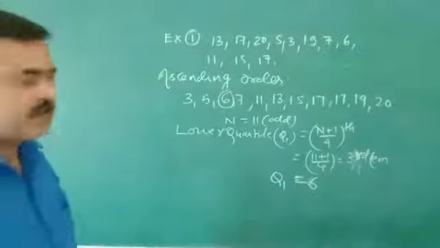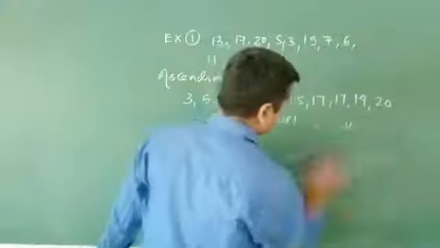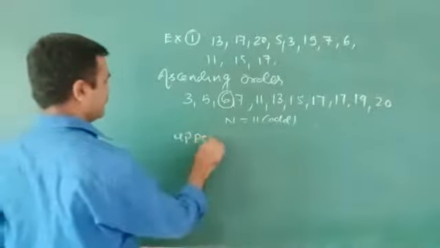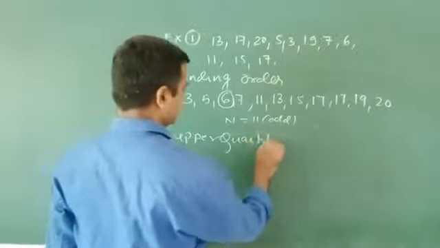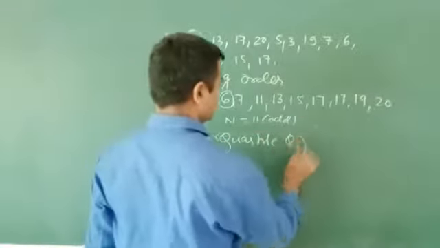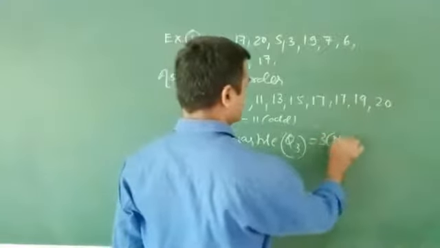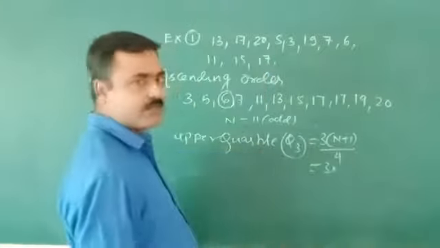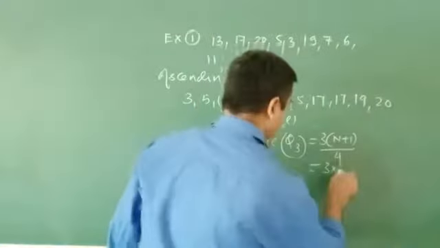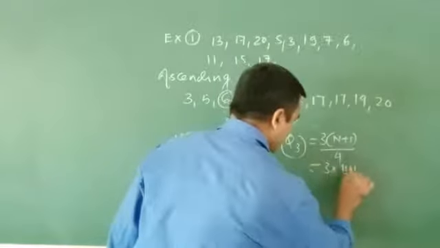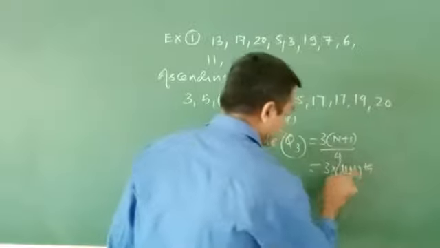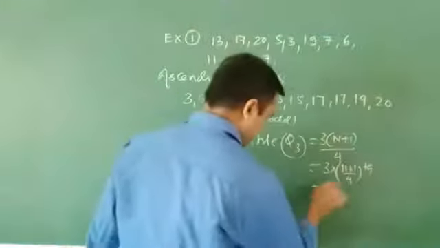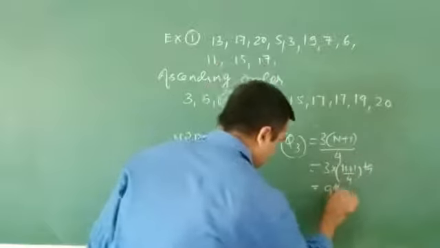This is lower quartile. Now upper quartile Q3 equal 3 into n plus 1 divided by 4, means 11 plus 1 divided by 4, 12 by 4. 3 into 3, 9th term.